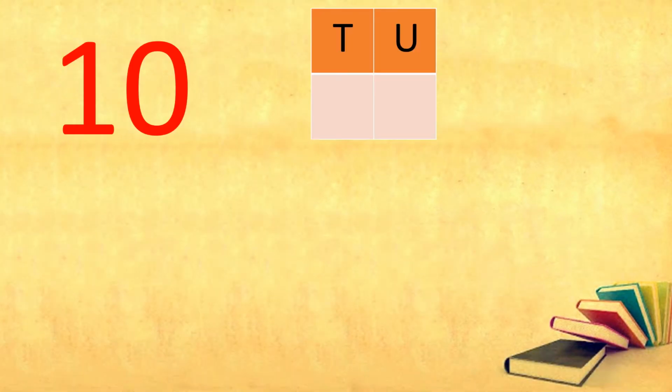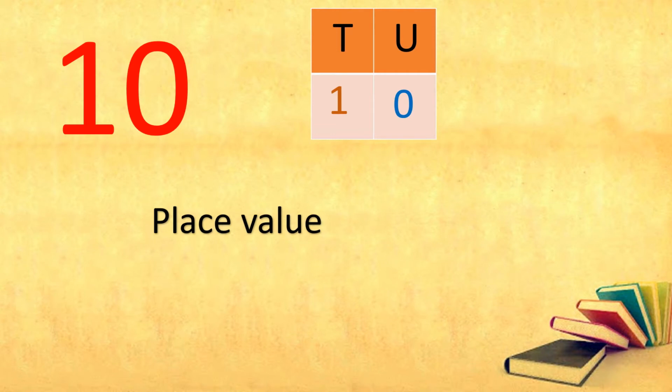In number 10, 0 is called ones, also called units. And number 1 is always written on tens place. It is also called 10 ones, which means 10 units. So, the place value is 10 and 0 ones.